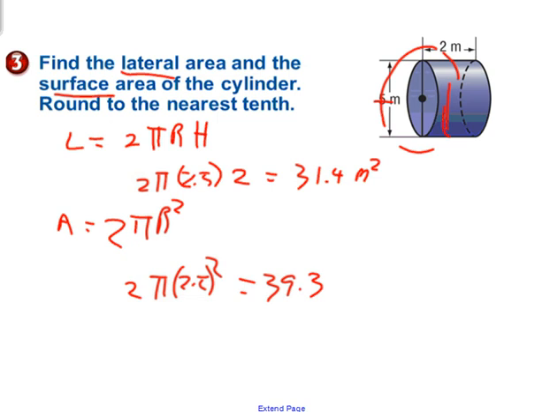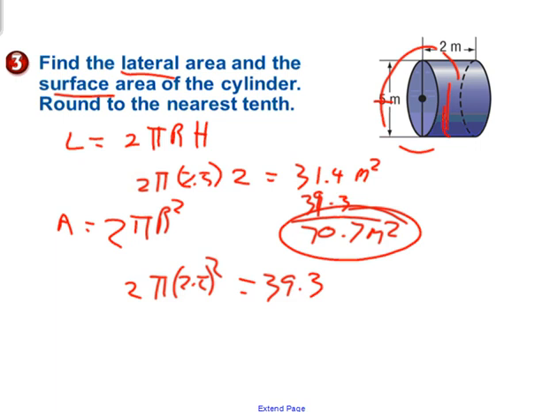So 31.4 plus 39.3 becomes 70.7 meters squared. So the total surface area of this is 70.7 meters squared.